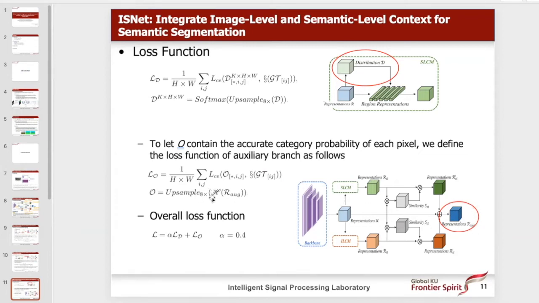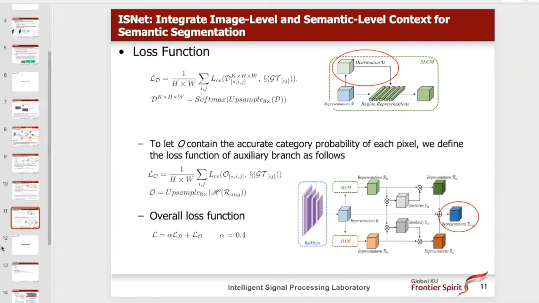We also do the upsampling for the RAUG, and then calculate the cross entropy loss. For the hyperparameters for LD, in this paper, the author takes alpha equals 0.4. And this is the overall loss function.